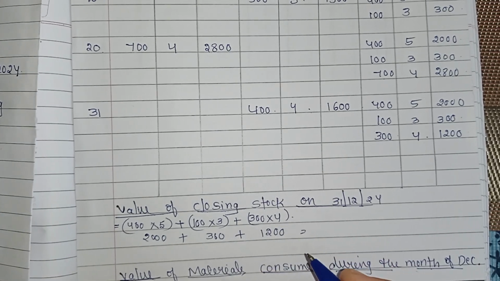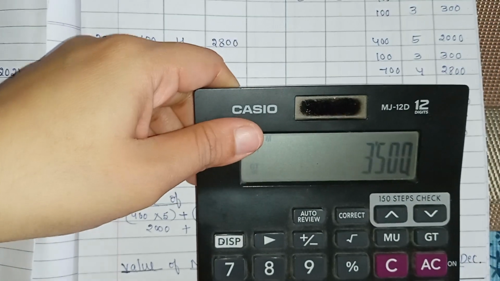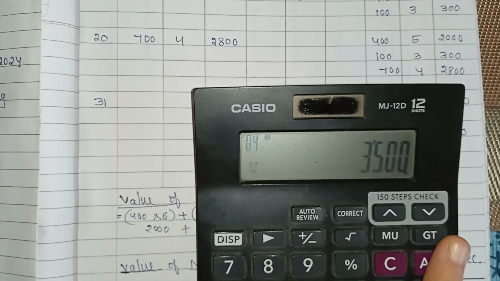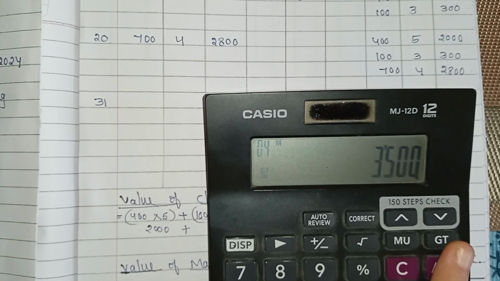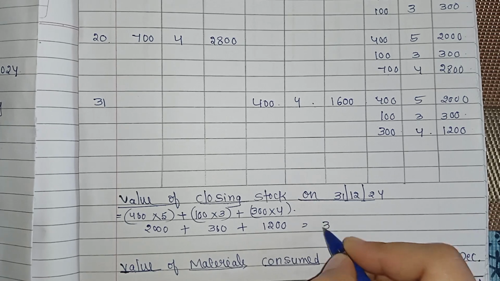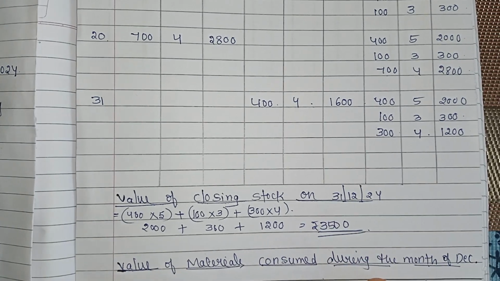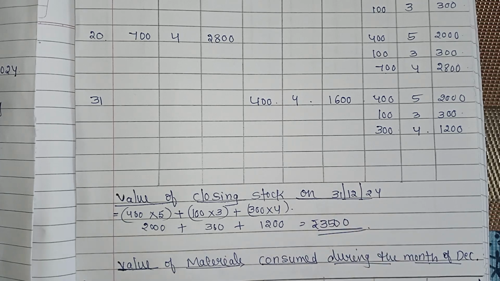So that is equal to rupees 3500. That is our value of closing stock. Clear? Write down rupees 3500. This is our value of closing stock on 31st December 2024.